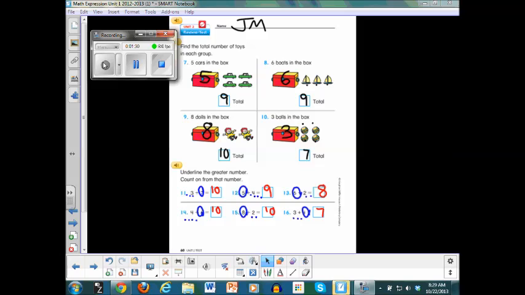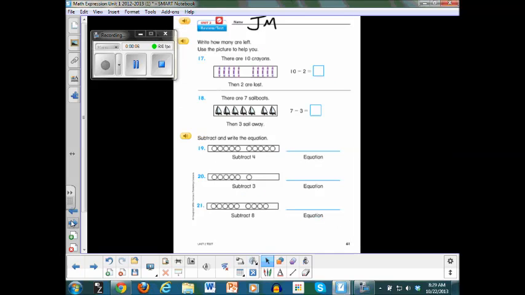Okay, friends, please flip your paper so that you can see number 17. Number 17 is about crayons, purple crayons to be more exact. We're going to do number 17 and 18. You will use the picture to help you write how many are left. Does that mean we're going to be adding or subtracting if we're going to find how many are left?